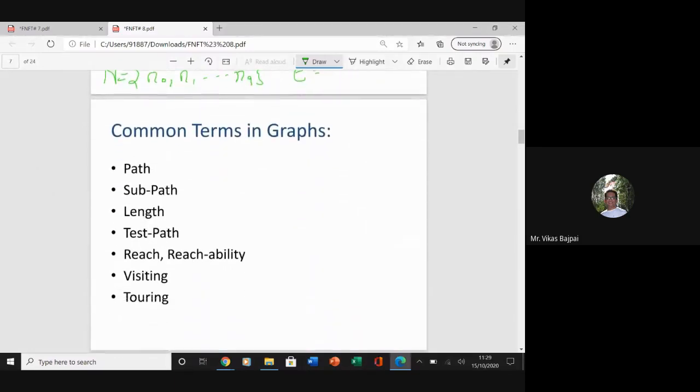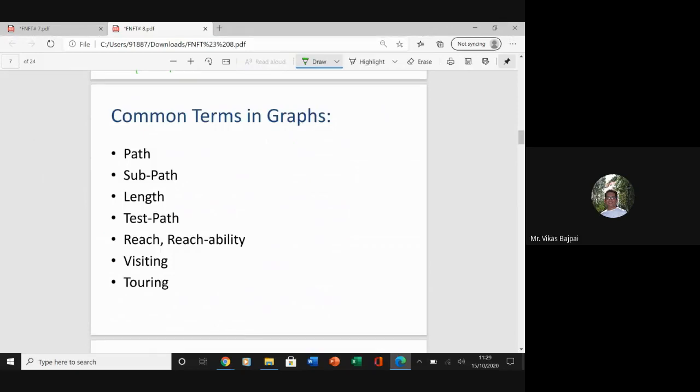So now let's talk about your common terms. When we talk about a graph, I have a question for you. Is tree a graph?